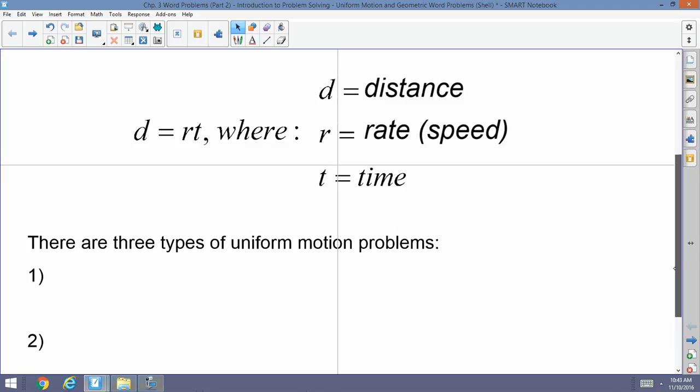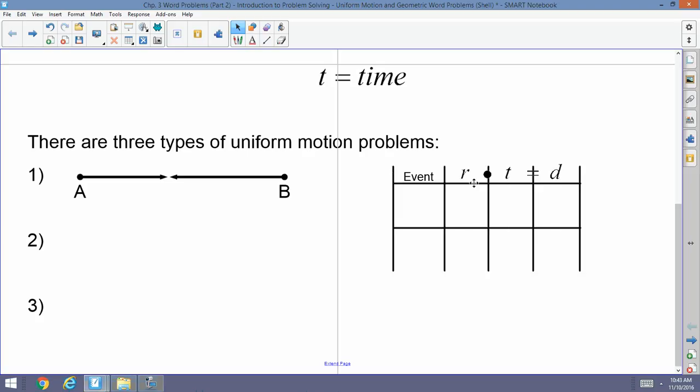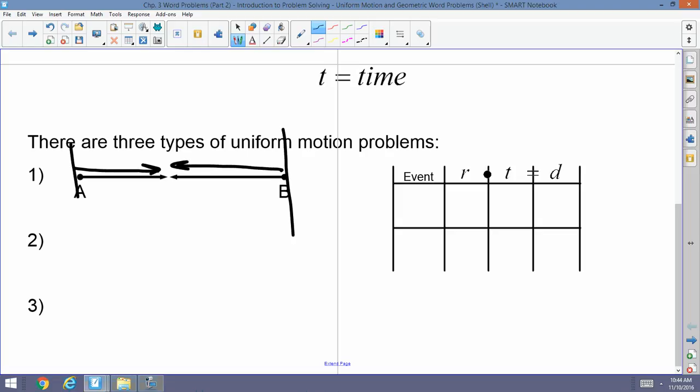Next, there are 3 types of uniform motion problems. A lot of people ignore this part of the lesson. Please don't ignore it. This is what really makes or breaks it for you, in my opinion. Number 1, you have a situation where A is headed towards the right, and B is headed towards the left, and they have a total distance in between them.